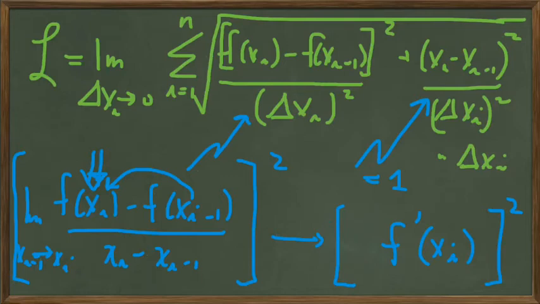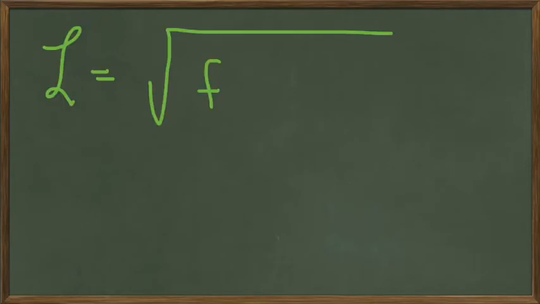So if we go to our next blackboard, just write in what we found. That went to f prime of x sub i, but we're summing up all of those, so instead of it being x sub i, it's just f prime of x squared. Well, actually, let's do it in two steps.